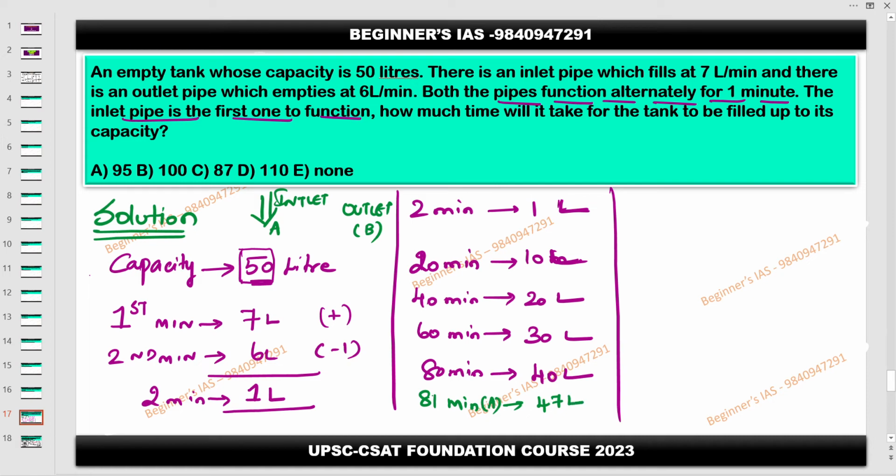Therefore this becomes 47. Understood? 82nd minute, B is opened, which empties 6 liters. Therefore 41.